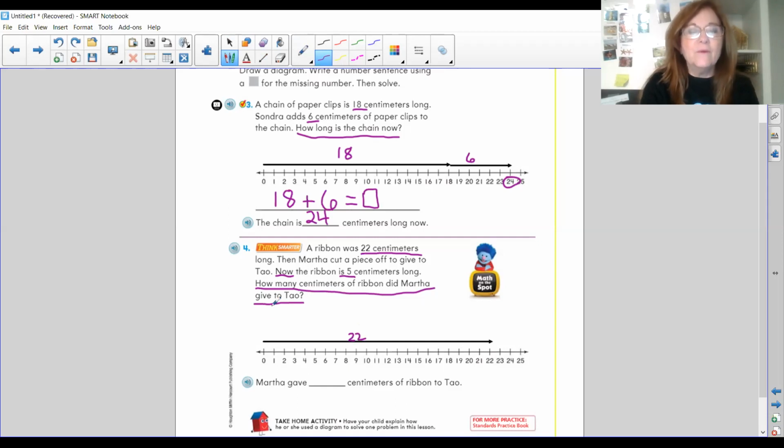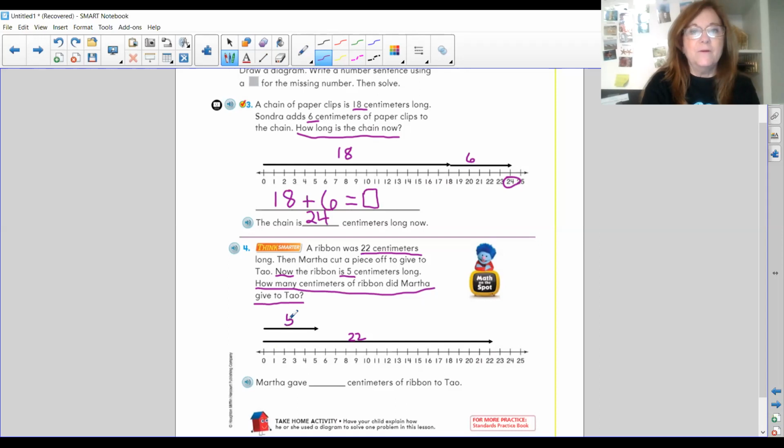But now the ribbon is 5 centimeters long. So let's do a 5 centimeter line right above that. So now the ribbon is only 5 centimeters long, right there. So we'll write a 5.